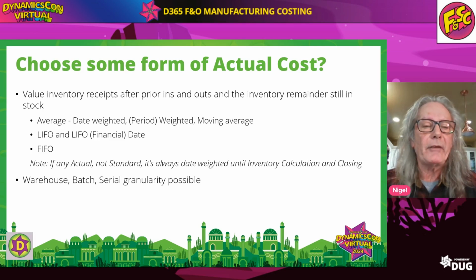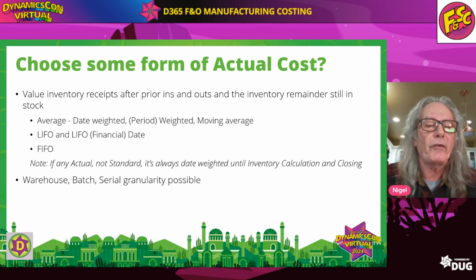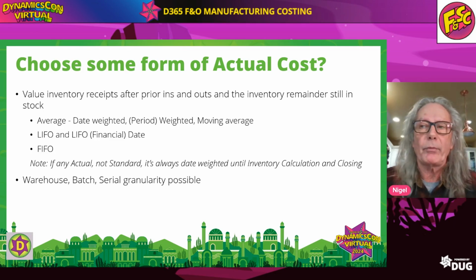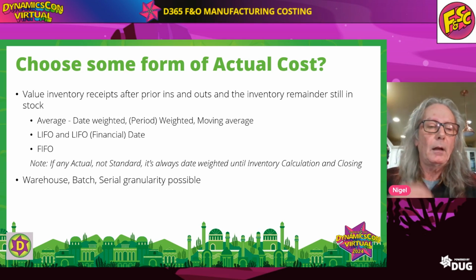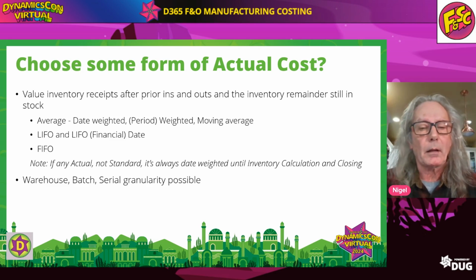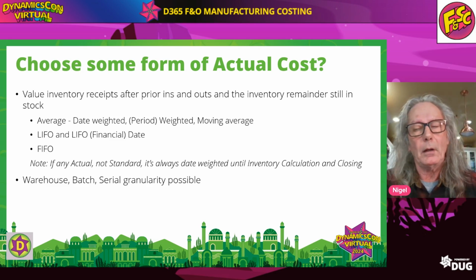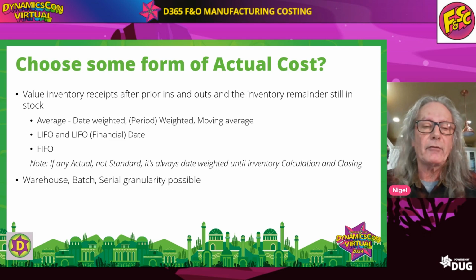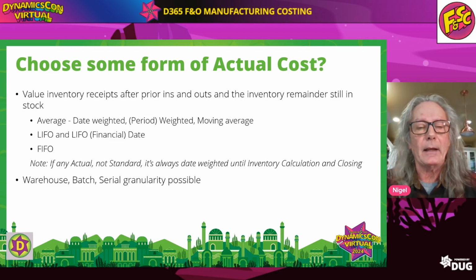LIFO financial basically says, I am going to time which was first and which was last based on the invoice date. And LIFO is, I'm going to time which was first and which was last based on the receipt date. And finally, FIFO, first in, first out. But you need to know that during the month, as you're transacting, it's going to get transacted at date weighted, as long as it's not standard.